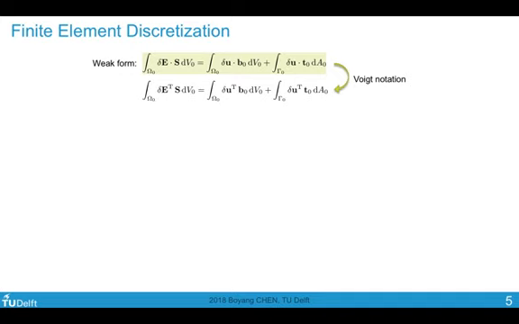In the finite element method, we partition the domain into a finite collection of elements and nodes, and now we replace our primary unknown with a collection of nodal degrees of freedom. So we replace U by a collection of nodal degrees of freedom A multiplied with a shape function matrix N. Now we can do the variation of U, and then we obtain the shape function multiplied with the variation of the nodal degree of freedom vector, delta A.